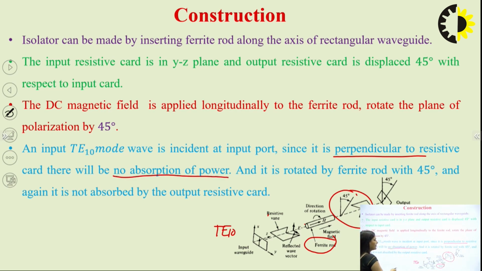It then passes through your ferrite rod, and it is rotated by the ferrite rod by 45 degrees. Why this 45 degrees? Because we are applying a DC magnetic field longitudinally along the direction of your ferrite rod, and it will create a polarization angle of 45 degrees.